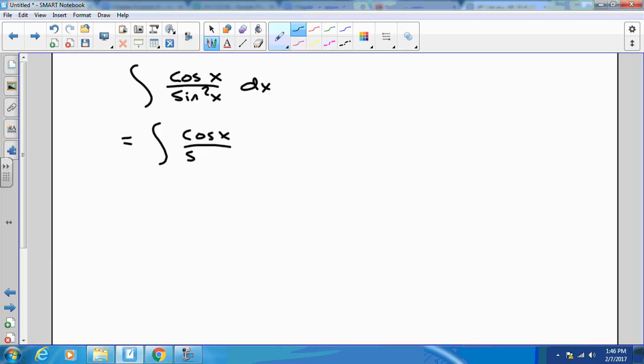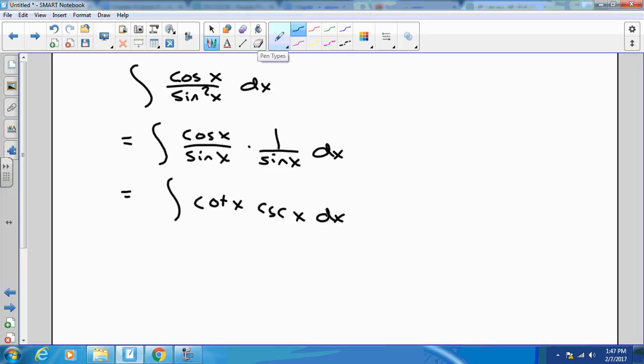So if I were to split factors like this, all of a sudden I realize, oh, I'm looking at the antiderivative of cotangent x times cosecant x, which is negative cosecant x plus c.